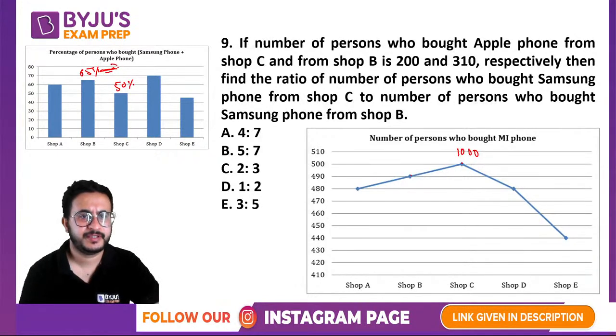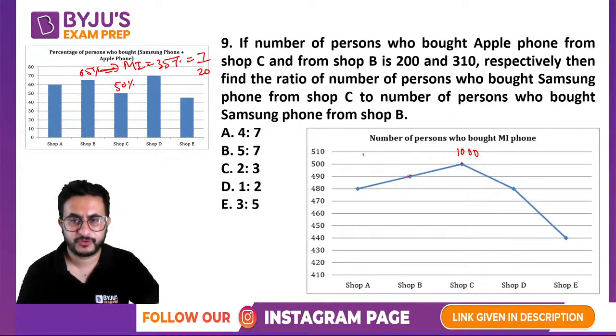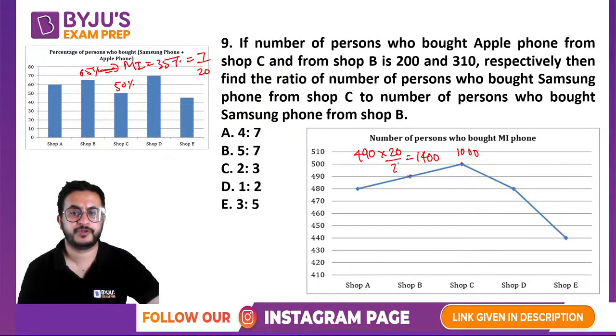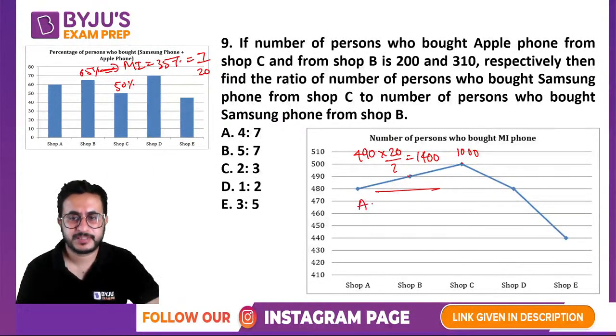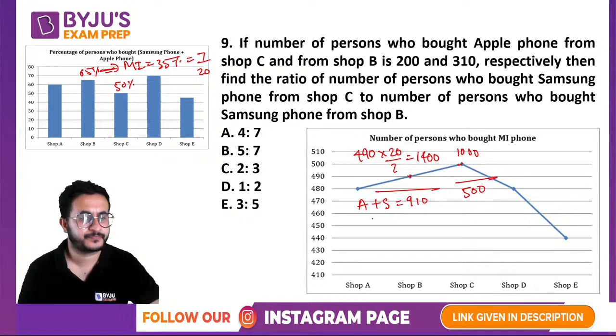So the total number of phones will be 490 into 20 by 7, that is 1400. 490 is MI. So Apple plus Samsung will be 910, and for C, 1000 minus this value is 500. So this is 500.